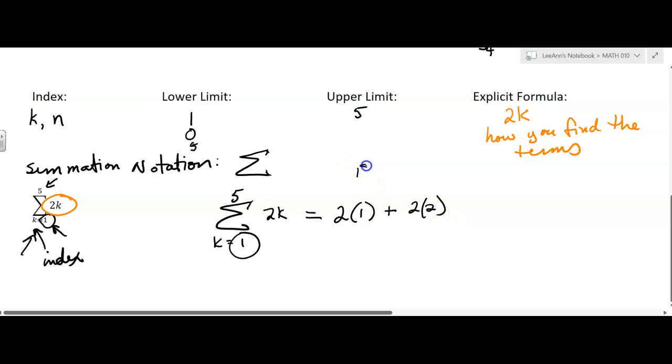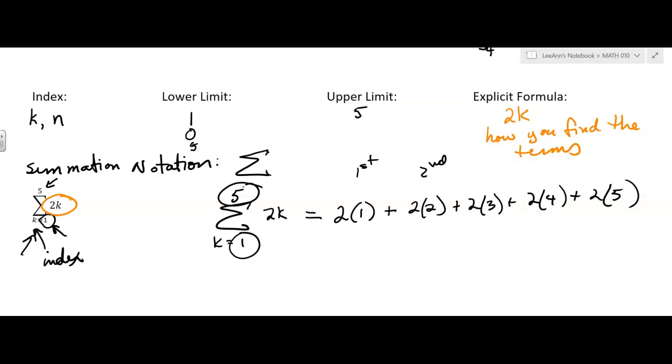So this is the first term, this is the second term, and we're going to keep going till we get to k being 5, the upper limit. So then the next term is 2 times 3, and then 2 times 4, and then 2 times 5. We stop at 5 because that's our upper limit for k. So you can just write those terms out. Each term is found by going 2 times whatever k is.